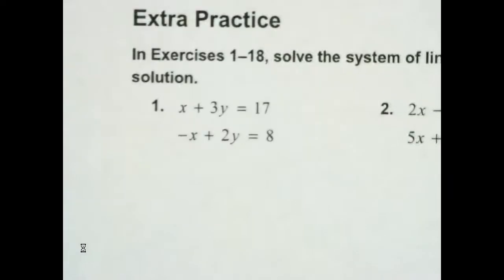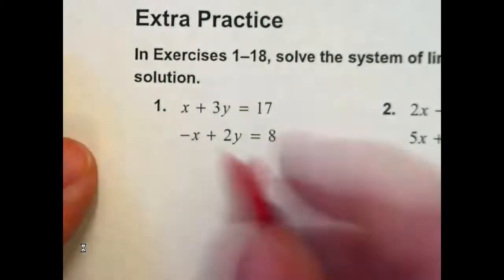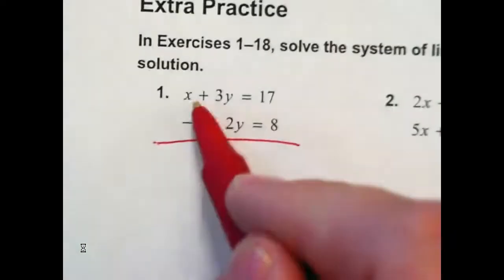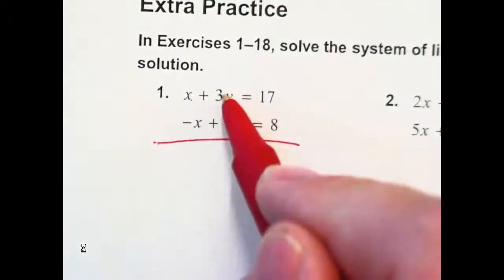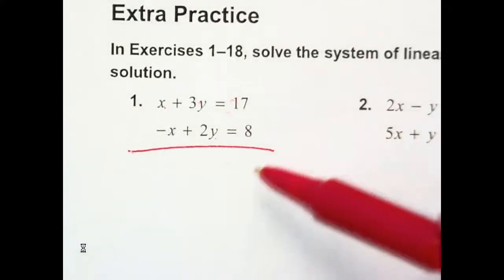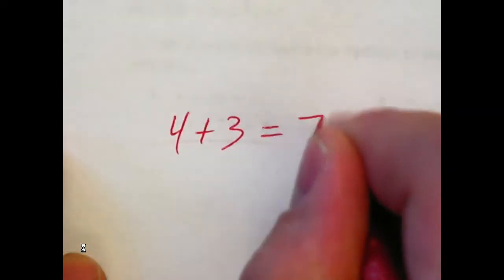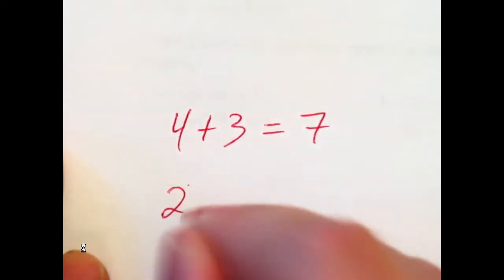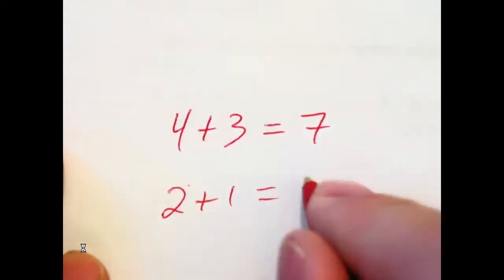So what you need to do, if we're focusing in on number 1, is first look at the equations. Notice you have x and negative x, you have positive 3y and 2y. We're going to add these 2 equations together. Think back to basic math: 4 plus 3 equals 7, and 2 plus 1 equals 3.